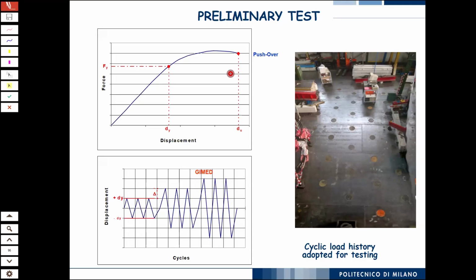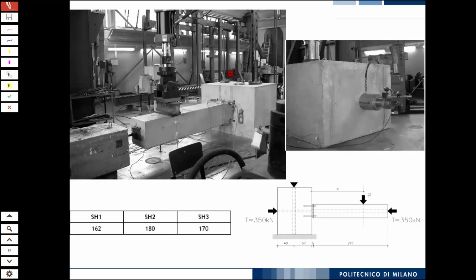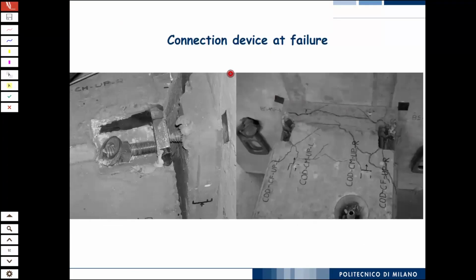So we can have a reasonably flexible arrangement. And actually, this was an old picture. Now the arrangement has changed, but we had another loading frame here. This was a connection testing device that I will show a bit later. So we were quite flexible.